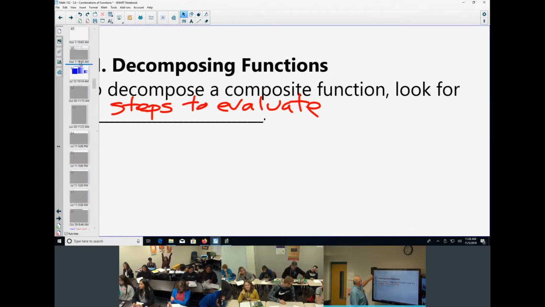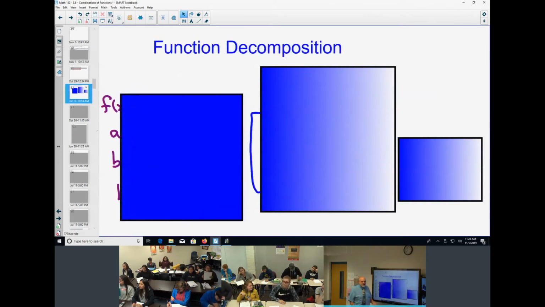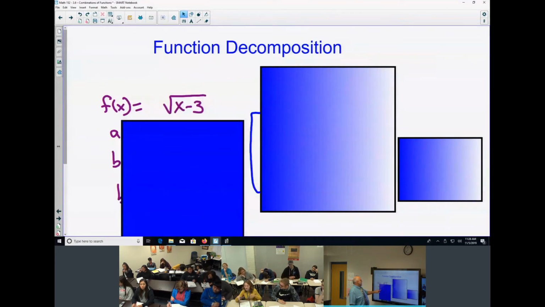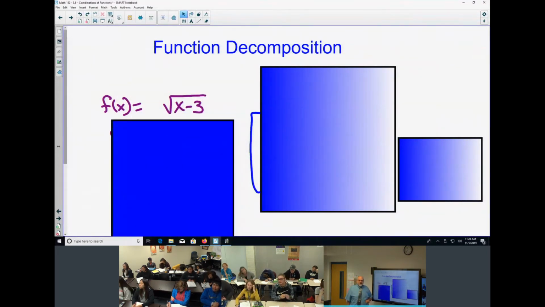Now, there's more than one way to do it. So let's say that we had this function right here, and I wanted to break it down into the functions that make it up.